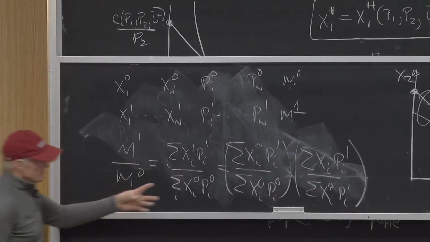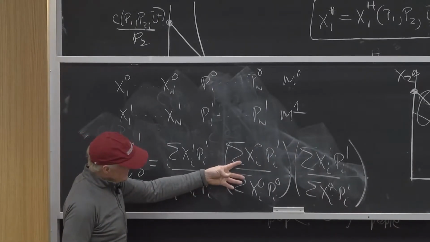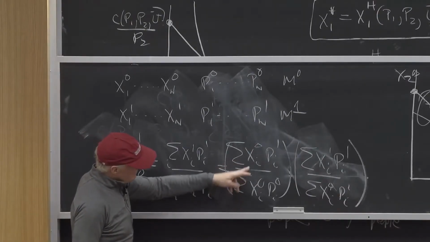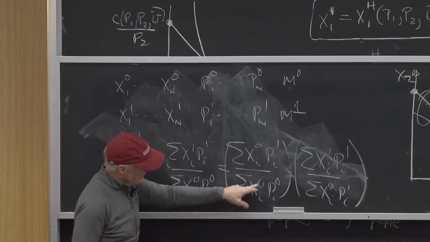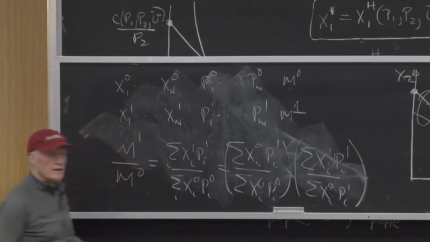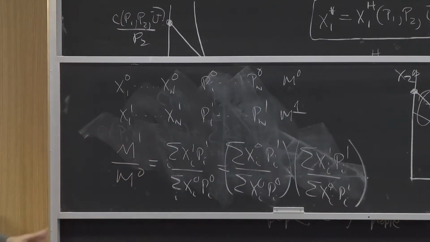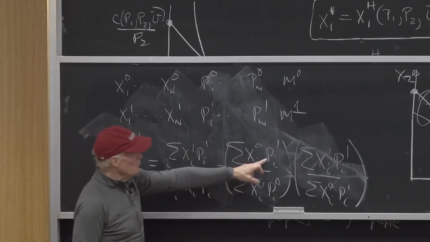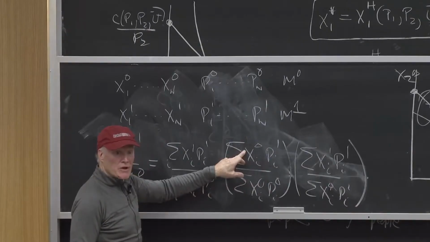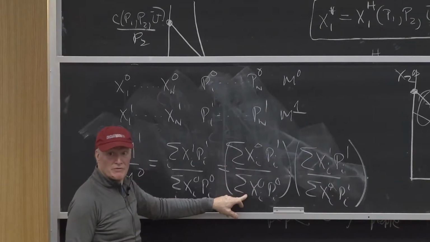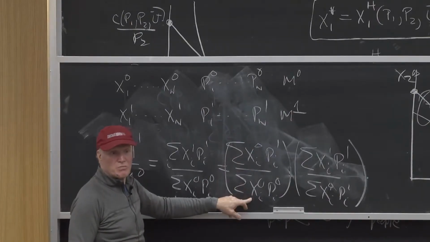Well, what is the sum of xi naught pi1 divided by the sum of xi naught pi naught? That's asking the question, how much would it cost in period 1 to buy what I bought in period 0 compared to how much it cost in period 0? The classic, what we call the Laspeyres price index.